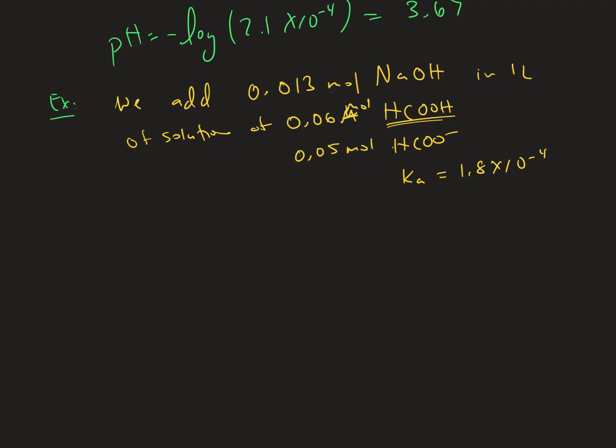So now I want to know what it does to my pH if I add this. What? HCOOH or HCOO minus? Well, I got 2 of them. One's my weak acid, and one's my conjugate base.